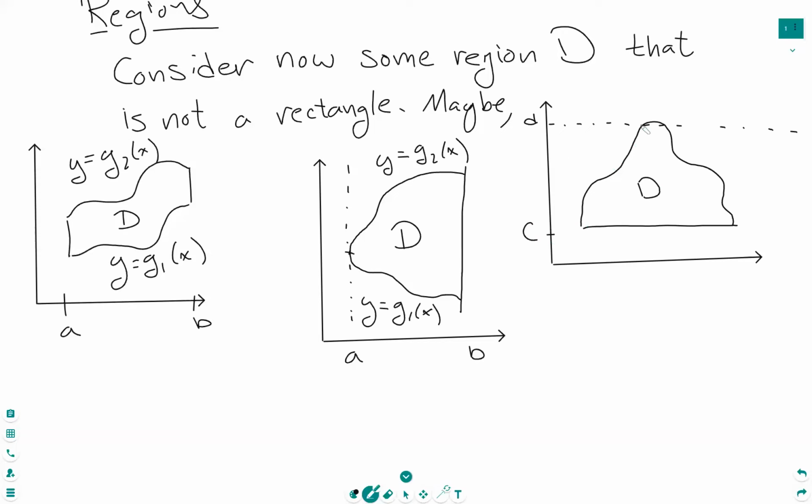This time we can say that the left is x is equal to maybe a function of y, called h1. And over here we say x is maybe a function h2 of y. So pretty much we're going to have these split functions that kind of define these arrows that I'm going to be drawing.